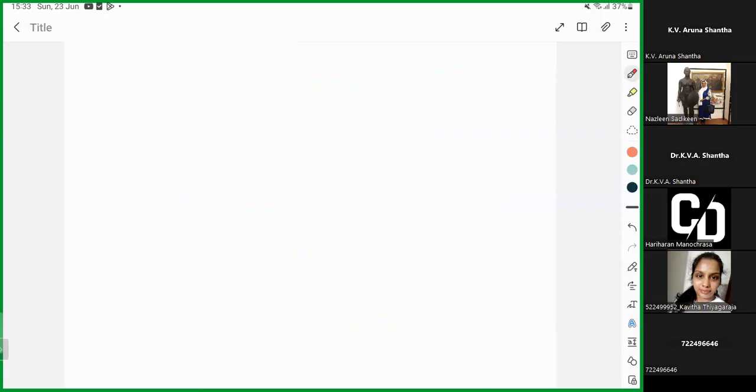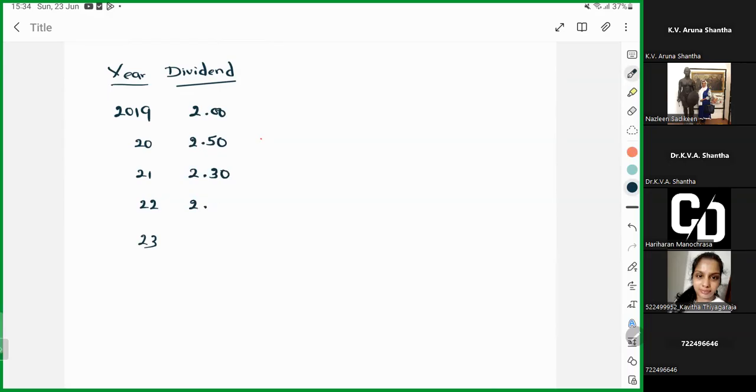Let's say these are the dividends you received during the last 5 years: 2019, 20, 21, 22, 23. In 2019 a dividend of 2, 2020 a dividend of 2.50, then 2.30, 2.40, and 2.20.